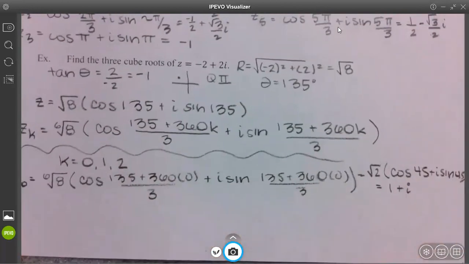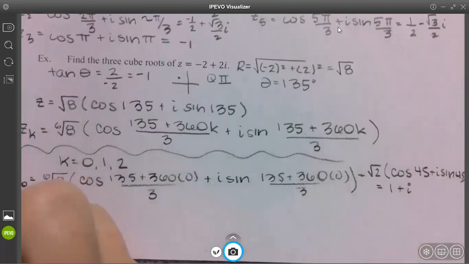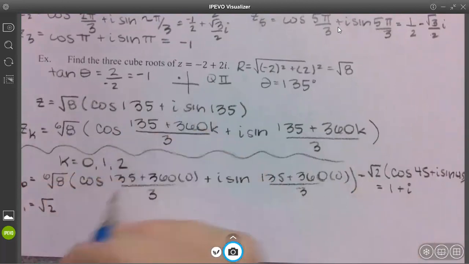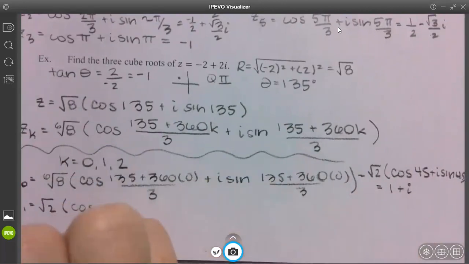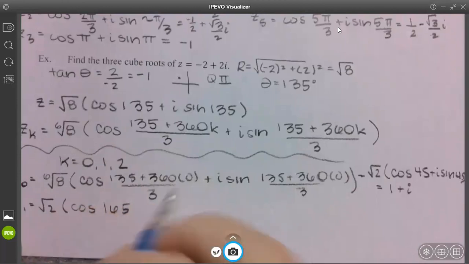And again, just work that out so that you can see it. For Z1, we're going to keep this 6th root of 8, which is the square root of 2. So we're going to keep the square root of 2 on this one. We're going to multiply by 1 this time. So 135 plus 360 times 1 divided by 3 is 165.